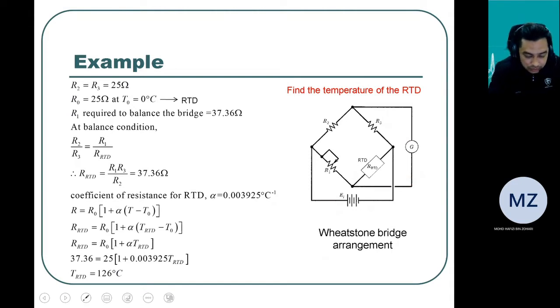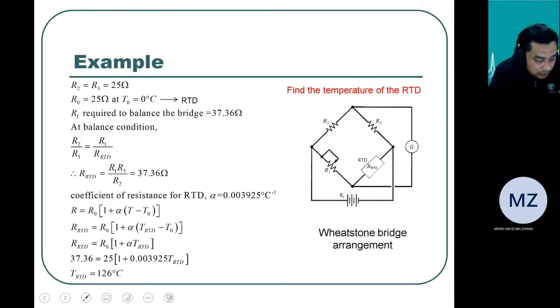But the most important is to make a ratio. So we have a fixed voltage here. So now how can we create an equation? Of course the ratio between these two, R1 over R3, must be equal to the ratio between R1 over RTD or Rx. So just form the equation here.